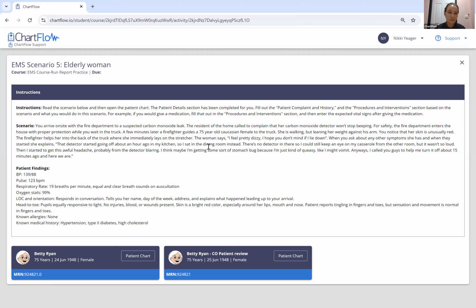Your students would also be able to access a system like ChartFlow on their mobile devices, so phones. If you have computers in the classroom, anything will work. And how you would set this up is the same as you would set up any skills lab or any simulation. So we have a scenario here, and we'll introduce it to our students before opening the patient chart.